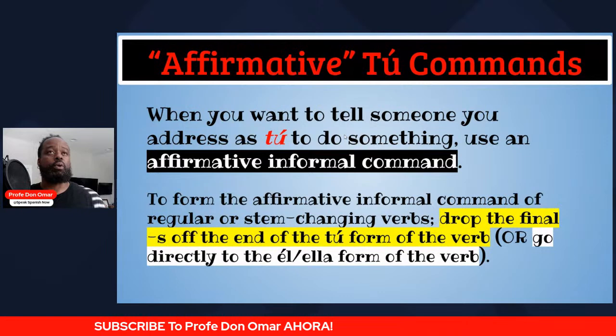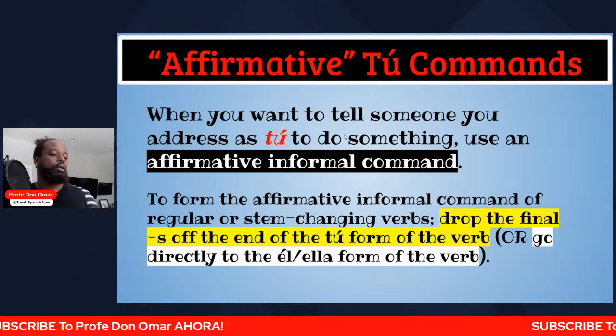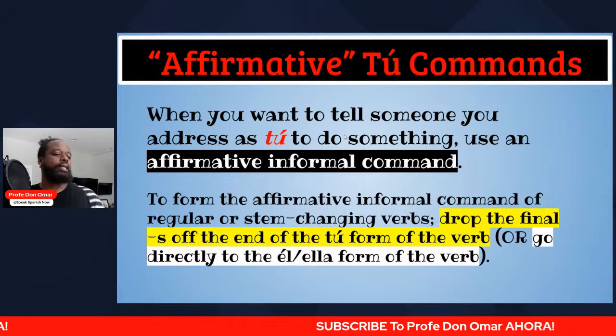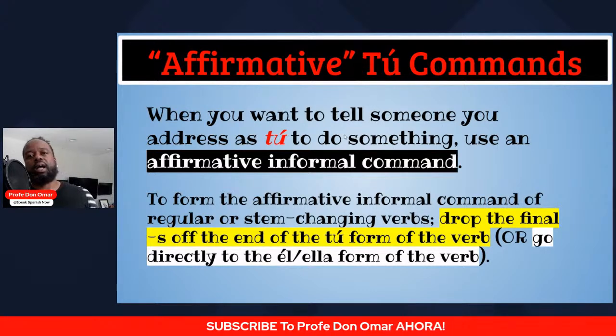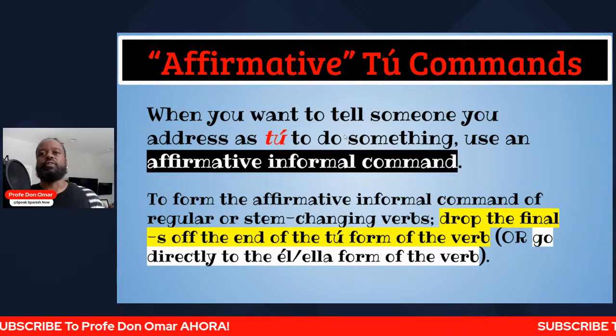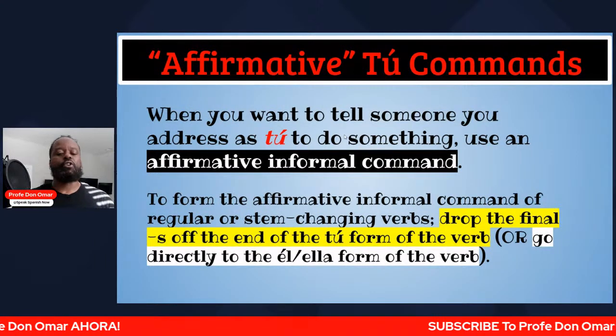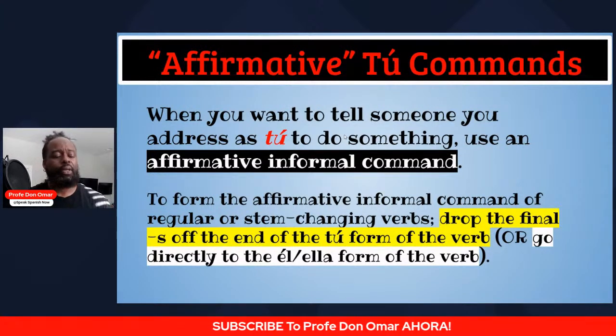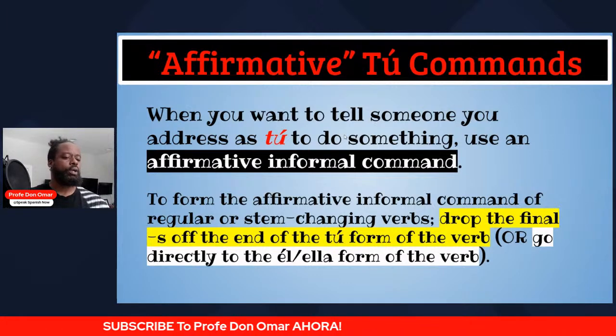The majority of our verbs in el presente end in an S, right? Estás, tienes, tocas, hablas, whatever our verb is in the tú form, it ends in an S. To get to the command form, you just drop the S, okay?